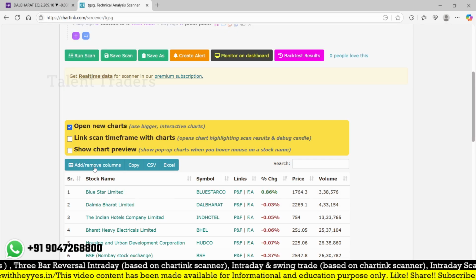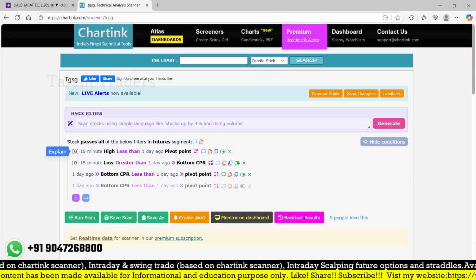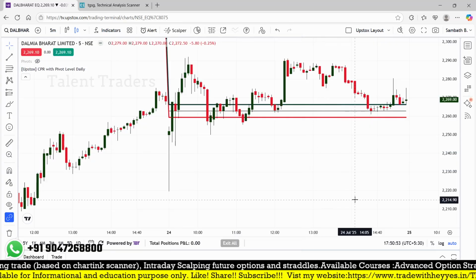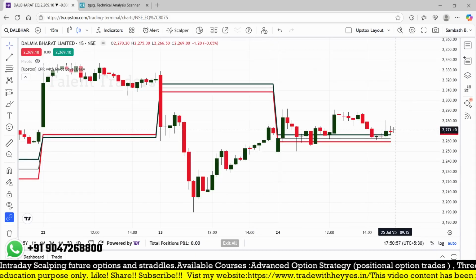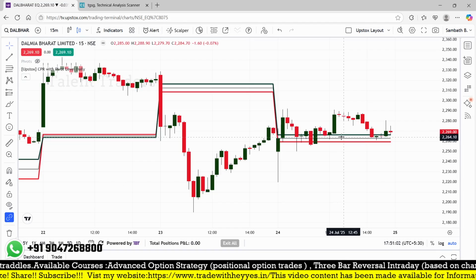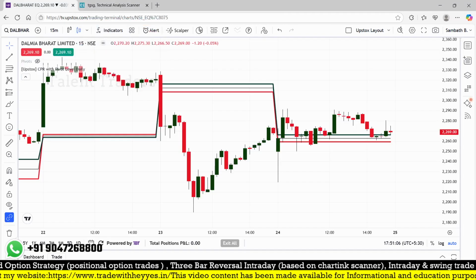So I think there is some issue we have to check. In minutes, high less than the 1 day ago pivot distance. We'll check. Wait.